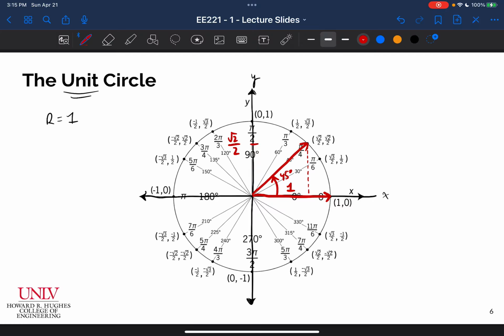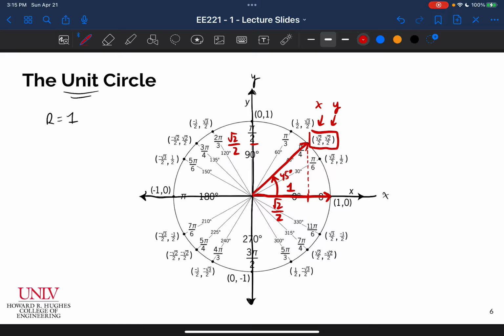If I look at the x right here, how far has it gone in the x direction? That would also be root 2 over 2. That's what this tells us. It tells me the x and the y coordinate of this point right here. Okay, hopefully that makes sense.